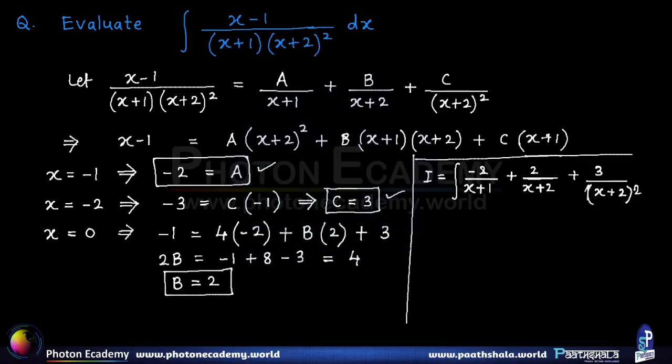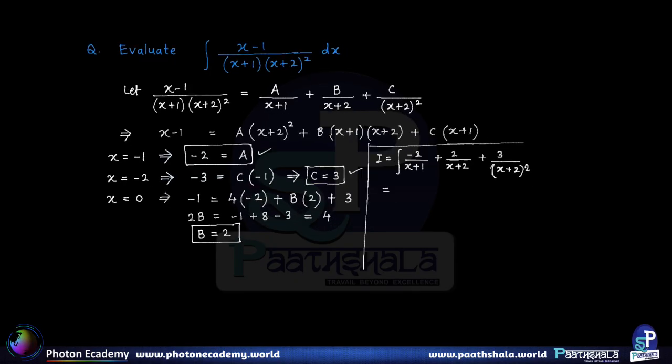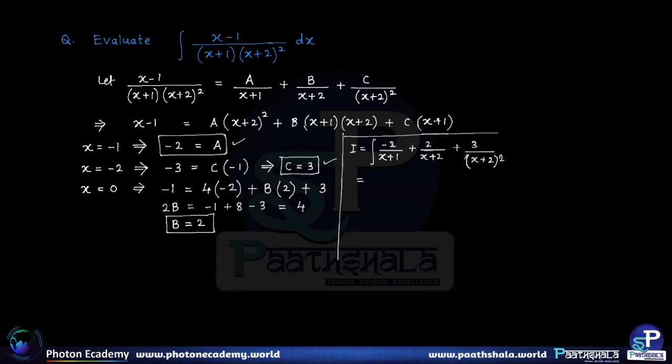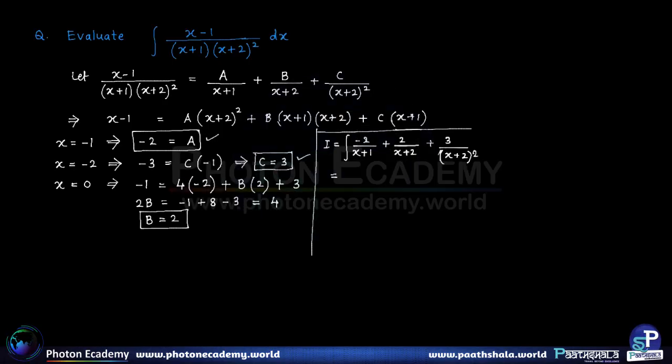Right, and then we can easily integrate this particular expression. So let's integrate that. Now the integral of minus 2 upon (x plus 1), we know that that will be log. Similarly the second term will also have the integral as log.